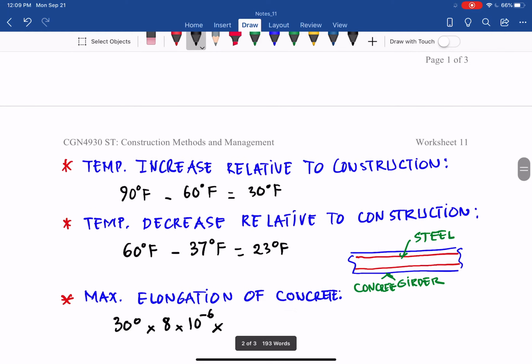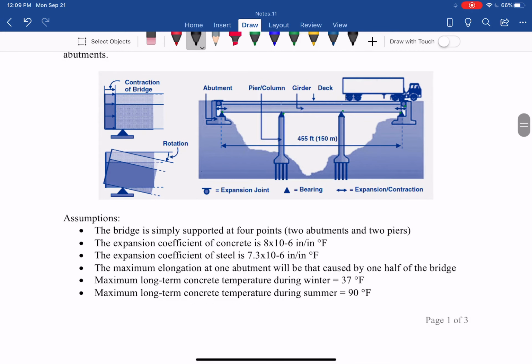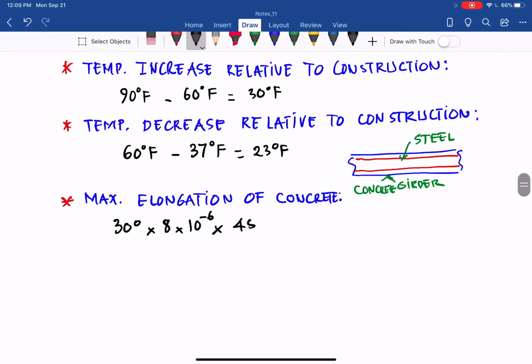Then we have to multiply by the length. You recall the length of the girder in this case is 455 feet. We need to change to inches because the thermal expansion is per inch, so you have times 12 inch over feet. With that we get 1.31 inch.